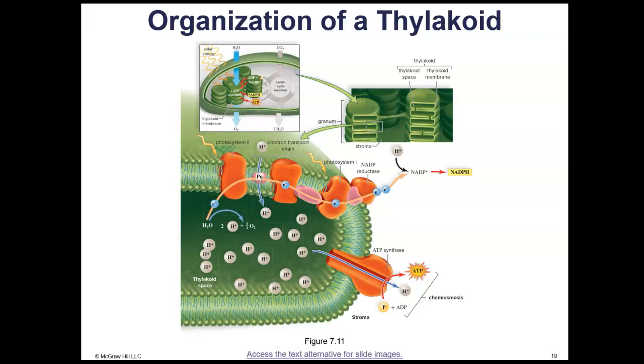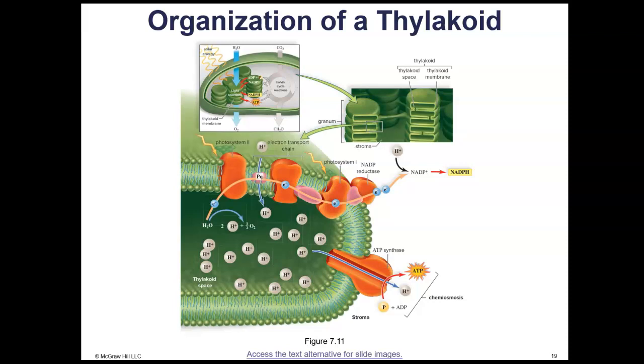But the light reactions are more of a mechanical type process that you have to learn how it works. And the Calvin cycle reactions are just a series of chemical reactions. So when I teach the light reactions, I focus on explaining to you how the process works.